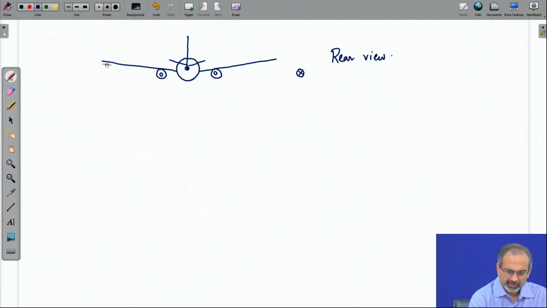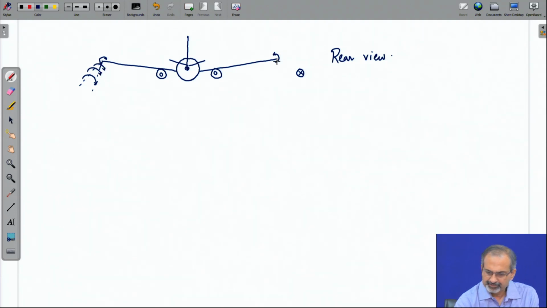Now, if we watch how the wing tip vortices have propagated downstream in perspective, you would find it would look more like this.